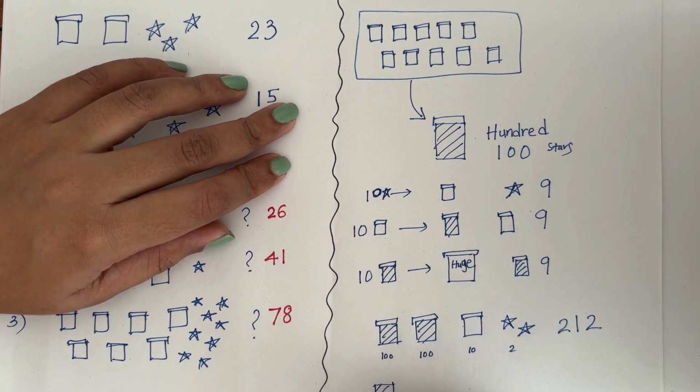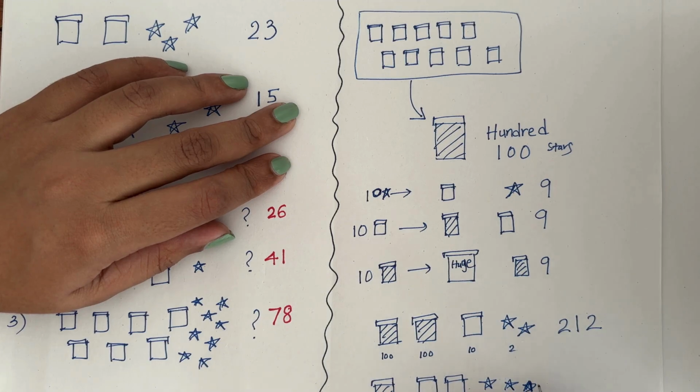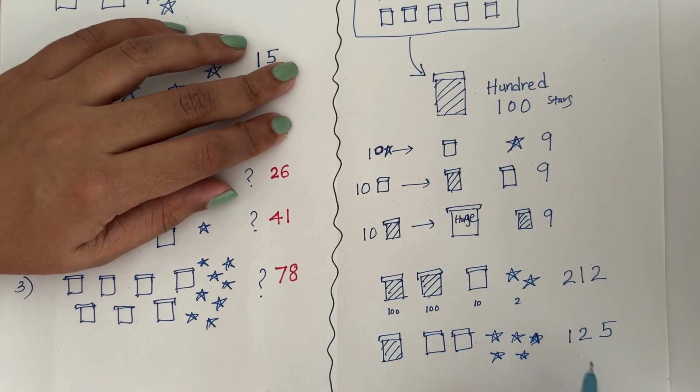What is represented by this? One 100 box, 2 small boxes containing 10 each, and 5 stars. This amount of stars we have here: 125 stars.